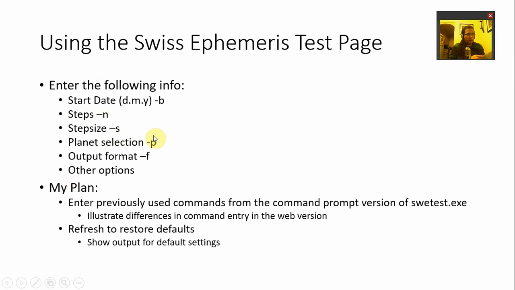Gosh, what is it? Well, we'll get to that. Planet selection, what planets you want to display. -p7 would show Uranus, -p0 for the sun. Output format -f, you can change the way the format is, and there's other options. So I'm going to use the previously used commands from the command prompt to illustrate the differences in the web version.